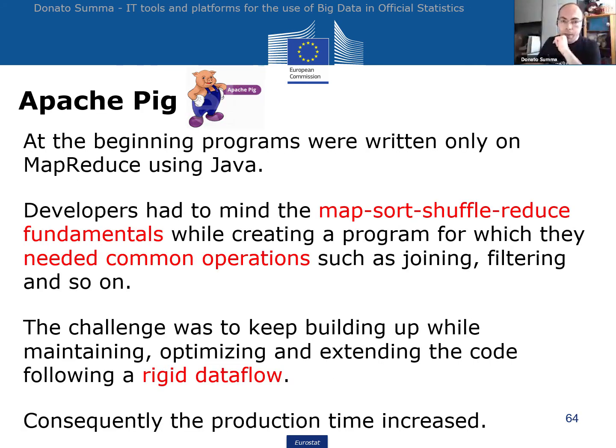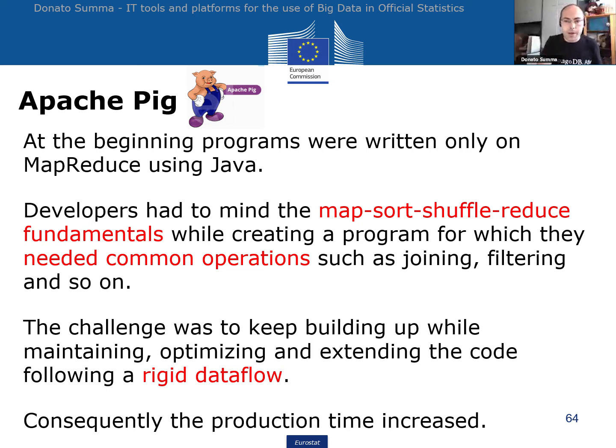Apache Pig, of course, is a component, an Apache Software Foundation program related to Apache Hadoop. It's not part of the Hadoop core, but is something that can be used in conjunction with Hadoop.